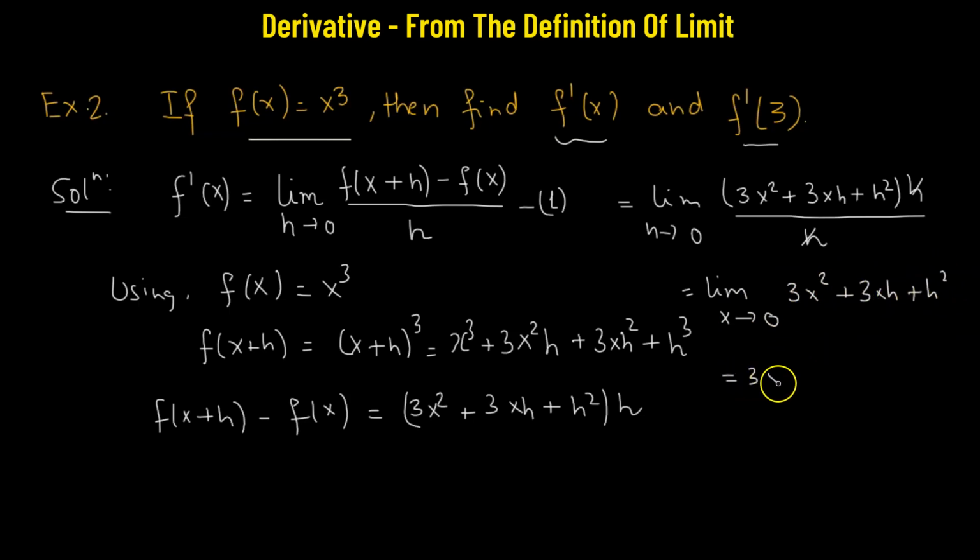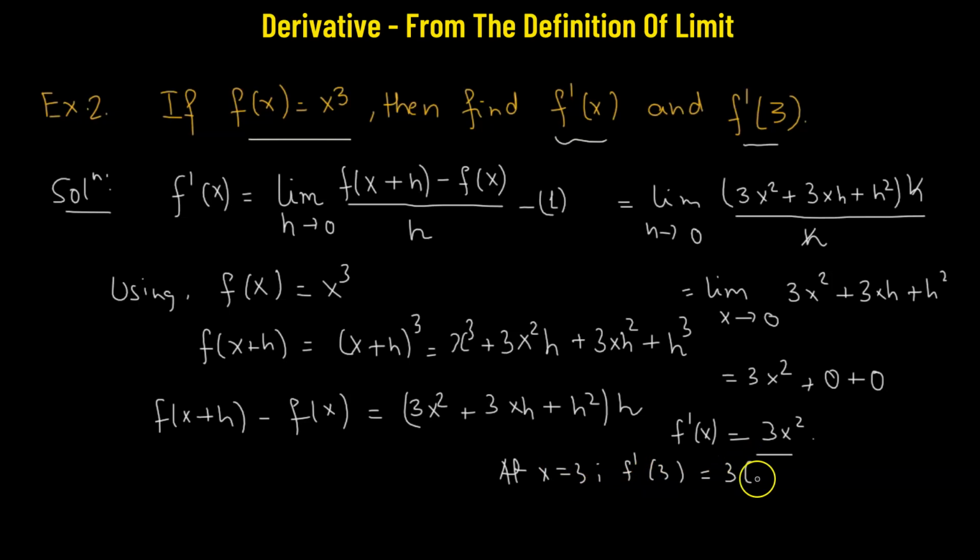So this is simply 3x squared plus 0 plus 0. So our derivative of the cubic function is 3x squared. So this is f prime of x. Now at x equals 3, f prime of 3 will be simply equal to 3 times 3 squared. So this is 27.